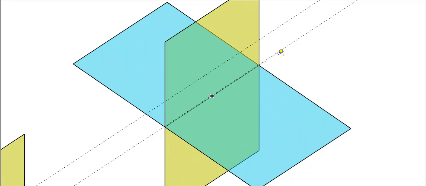The total length of the line is 40 millimeter. If I'm drawing the line, I keep one of the points here, and the line will be like this.